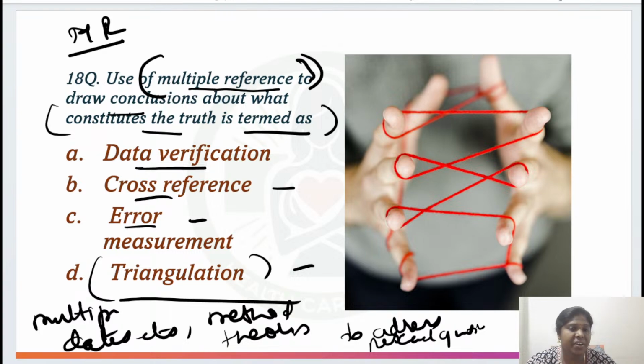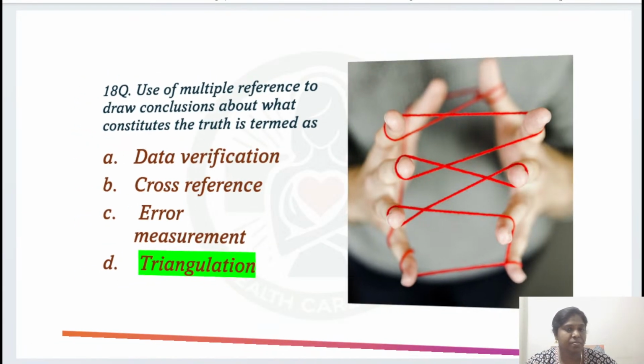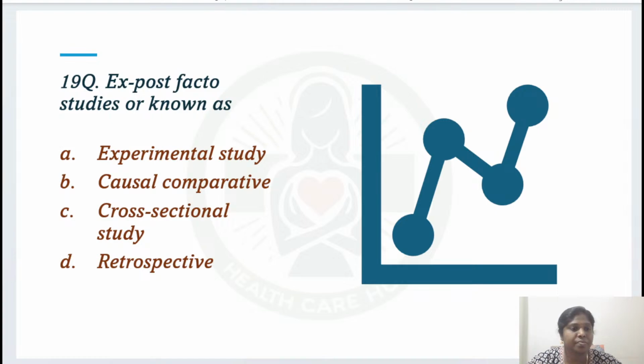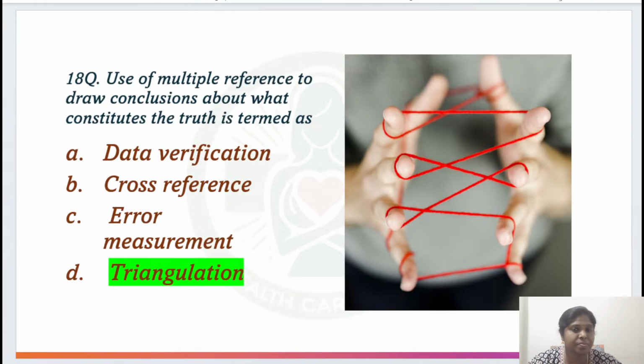So that is called triangulation, means you are using more and more references from other data sets. This is called triangulation. So the use of multiple references to draw conclusions about the constituents of the truth is called triangulation.